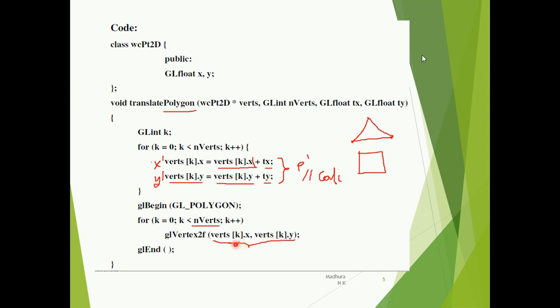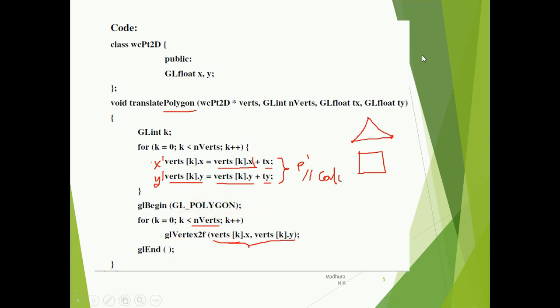Since you have taken a for loop, suppose if you are considering a polygon, a simple triangle, there will be three vertices you have to consider. You are going to join three vertices, that is using the function GL_POLYGON.